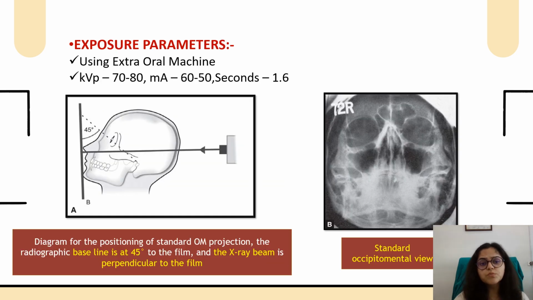If we talk about the exposure parameters, these are the fixed parameters in the machine, and in this slide you can see the standard occipitomental view which has been positioned with the radiographic baseline at 45° to the film. The X-ray beam is directed perpendicular to the film.